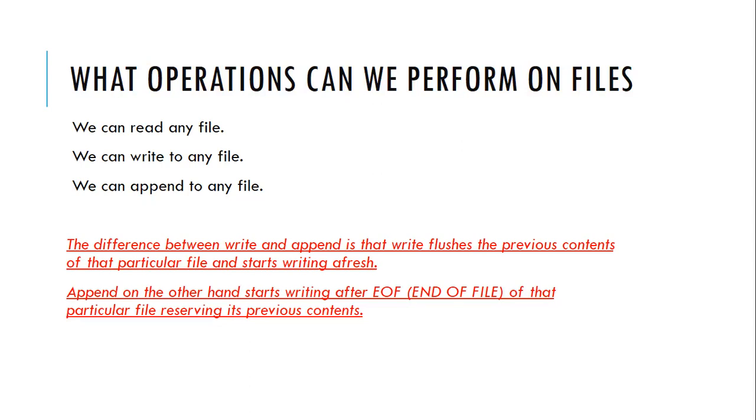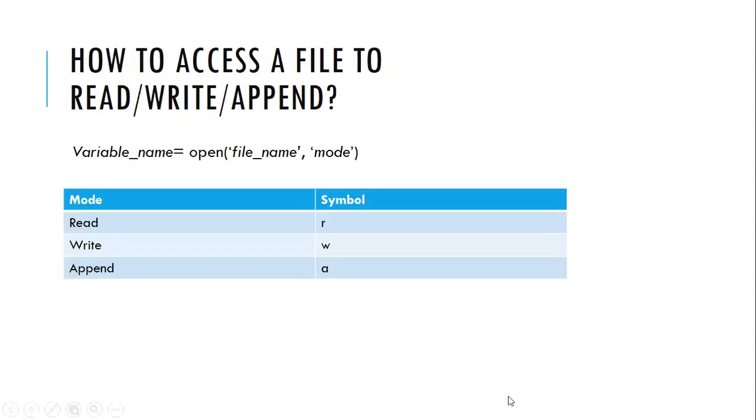So where will the amend operation perform its task? Whenever you are trying to amend a file, it will always start from the end of the file. The first file will have some end character at the end. After that, the new operations will be taking place. I hope you got this point, right? Okay. Yes.